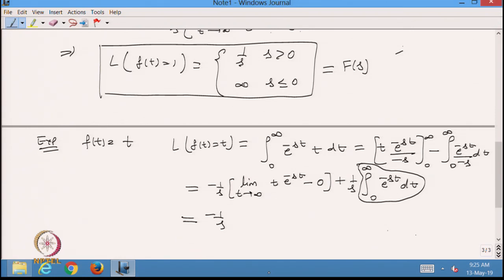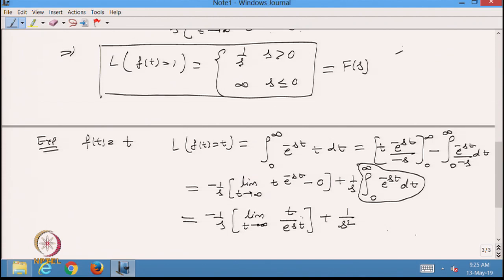I will take the same two cases. Let us take the case when s is positive, s greater than 0. In that case this will be the limit t tends to infinity of t by e^(st), plus 1 by s times 1 by s, so I can take it as s square, because I am choosing that s is greater than 0.